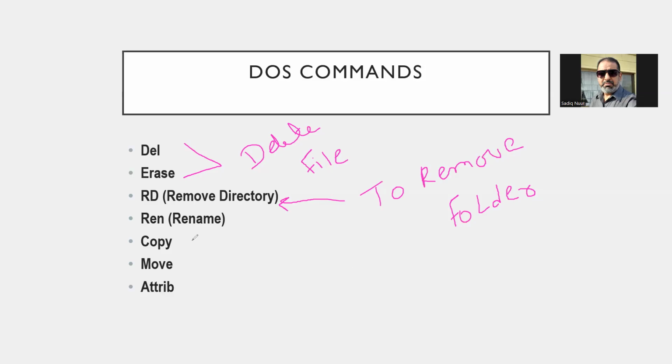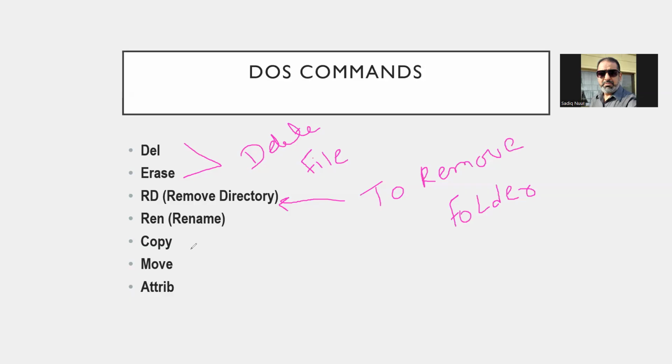Rename is to rename your files. Copy, as I mentioned earlier, is to copy files from one destination to the other. Also, copy is used to display the content of a file on the screen, and you can use the copy command to combine multiple files into one file.